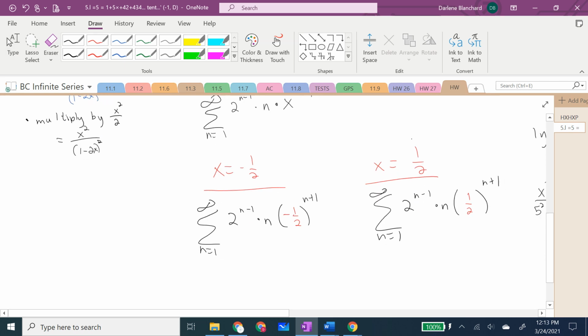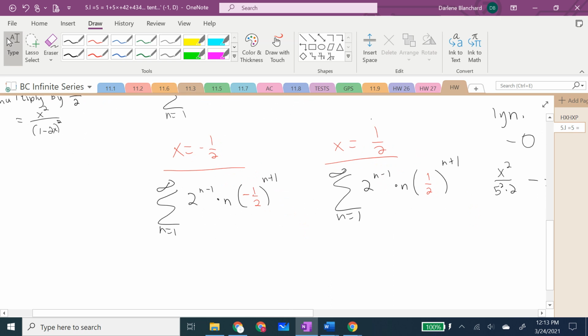Now I'm going to do something to make my life a little bit easier here. I would like these exponents to match. That will make my life easier. So to make them match, I need to divide by 2 squared and multiply by 2 squared.